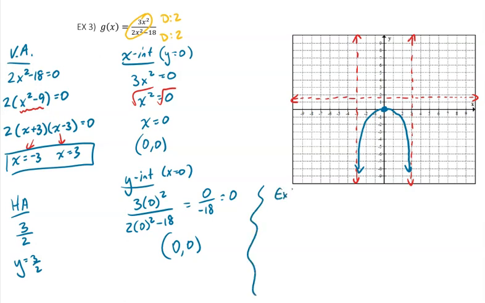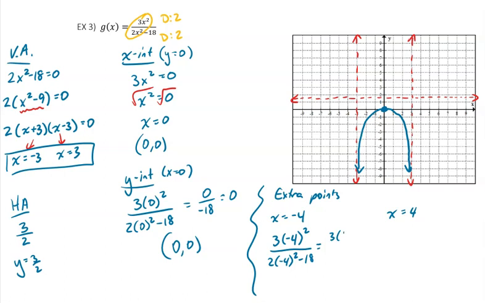So extra points. I'm going to pick x equals negative 4 to get something from that left section. I'm going to pick x equals positive 4 to get something from the right section. And we're just going to plug both of those into the function. So 3 times negative 4 squared over 2 times negative 4 squared minus 18.